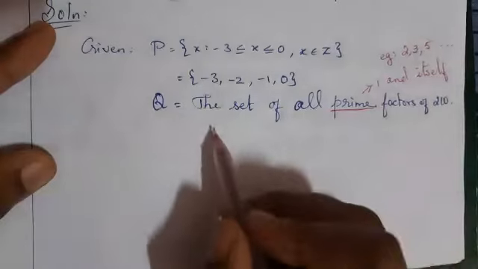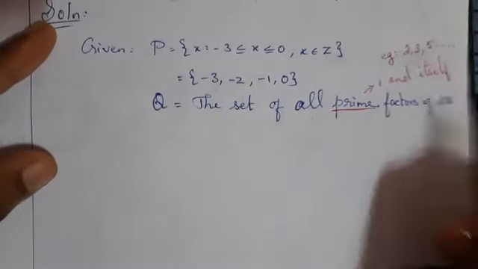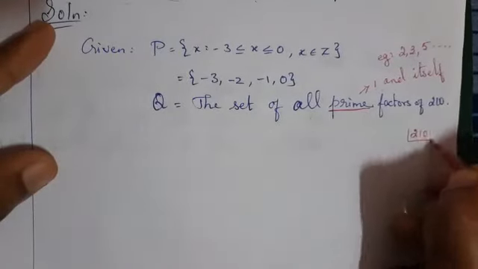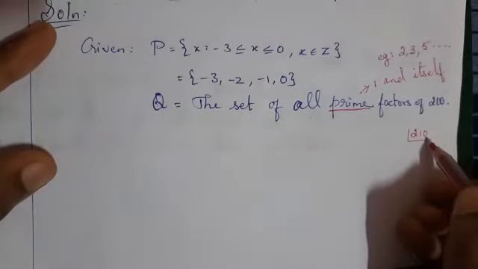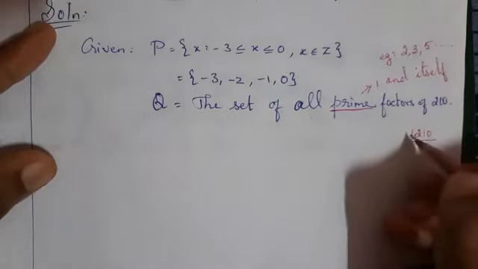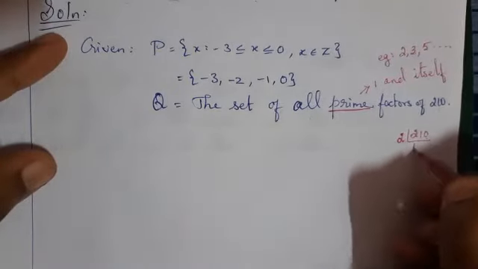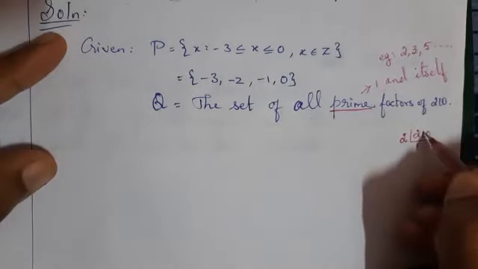Now, you must find the set of all prime factors of 210. For that, you factorize 210. See, the number ends with 0, 2, 4, 6, 8, so the number is divisible by 2. Therefore, first you give the number 2. 1, 2 is 2. Take the next digit, that is 1.